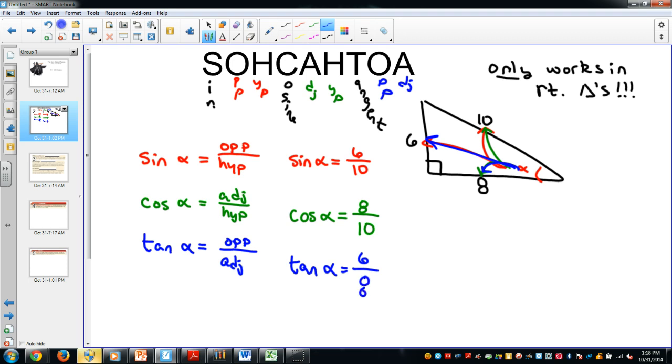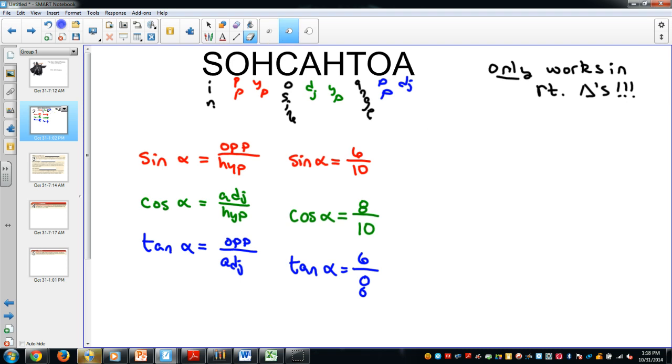Now, one more thing that goes along with finding the angle. Let's say I wanted to actually figure out what this angle actually is right here. So I've got this triangle that's 6, 8, 10, and I wanted to actually figure out what this angle is.